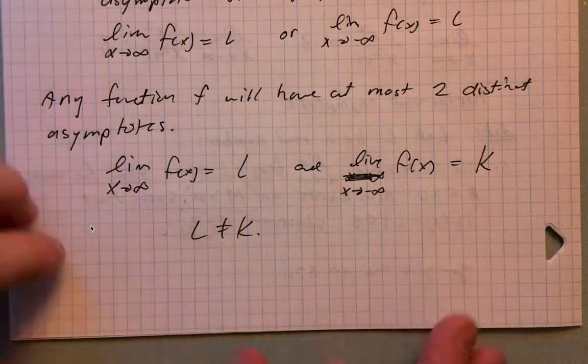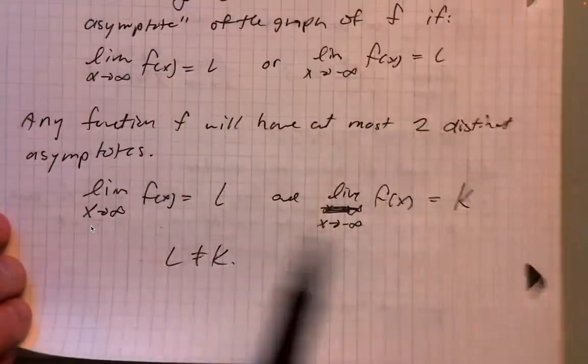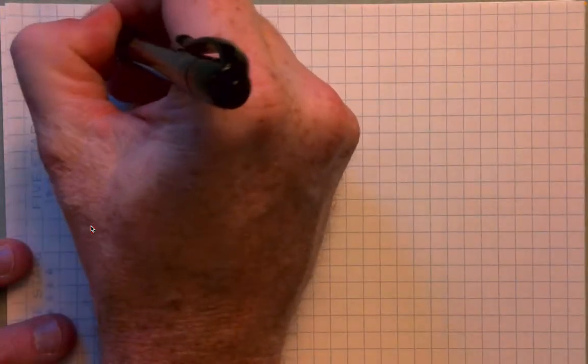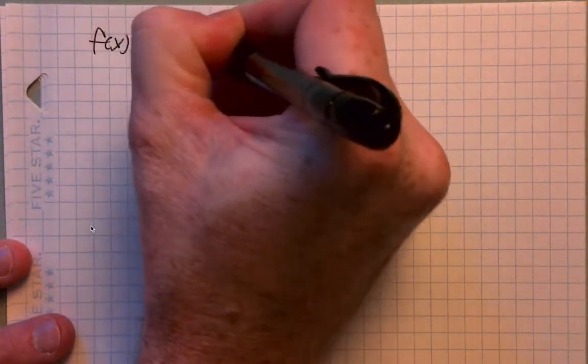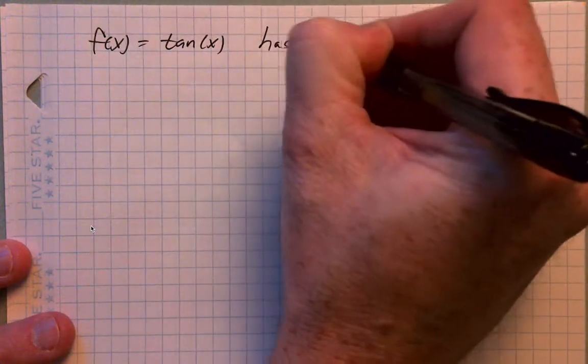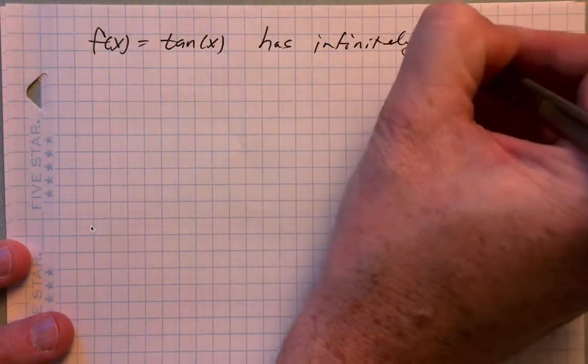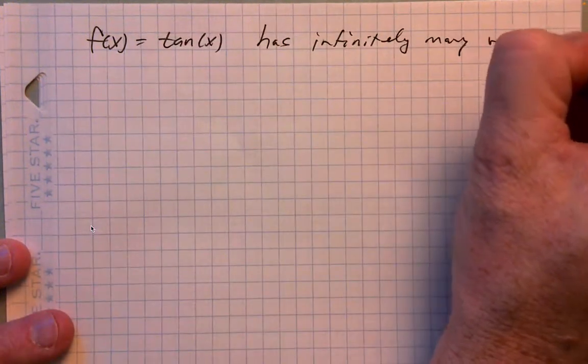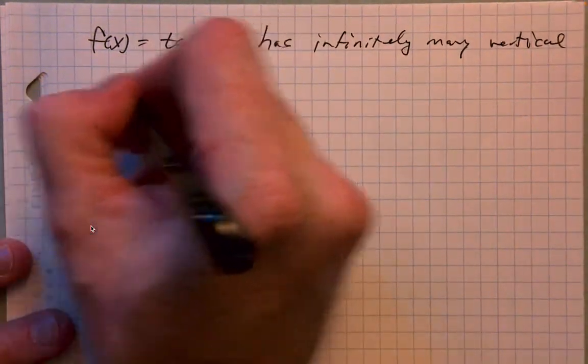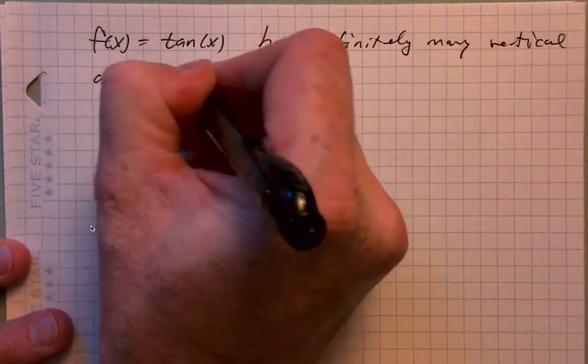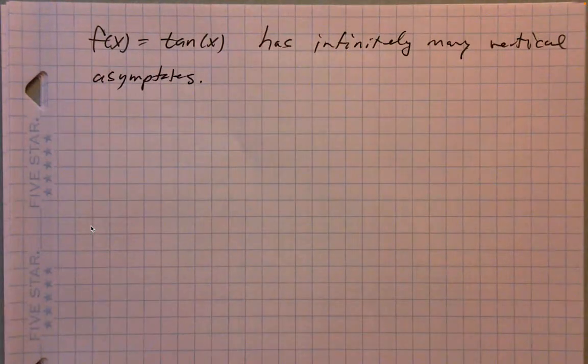Now, maybe that's really obvious from the definition, right? But just contrast that with the idea of vertical asymptotes. For example, f of x equal to tangent of x has infinitely many vertical asymptotes, right? So it's possible for functions to have infinitely many vertical asymptotes, but only 2 or fewer horizontal asymptotes.